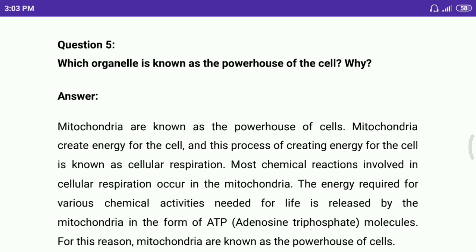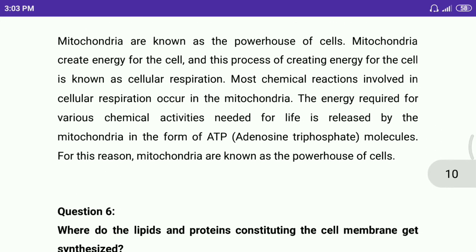The energy required for various chemical activities needed for life is released by the mitochondria in the form of ATP, adenosine triphosphate molecules. For this reason, mitochondria are known as the powerhouse of the cell.